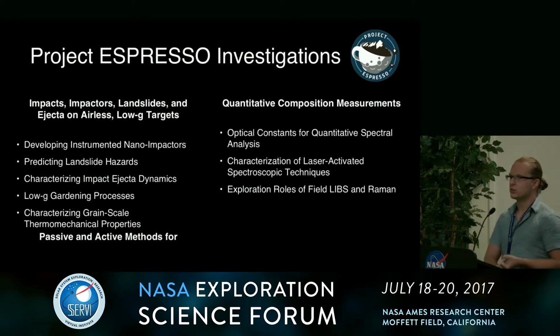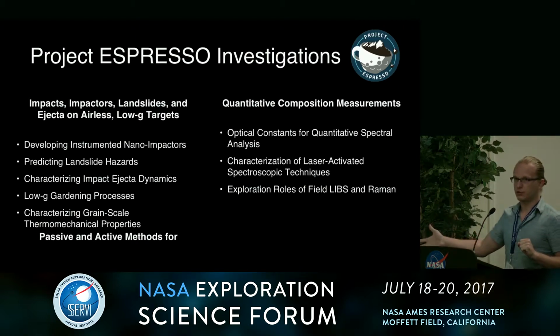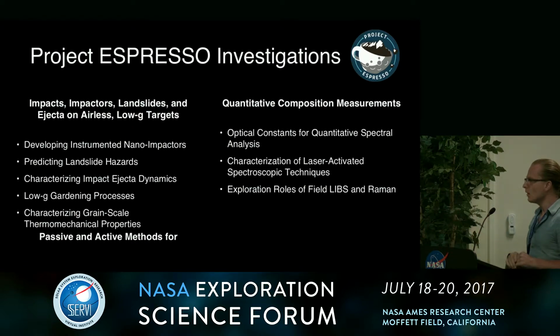However, you need to know what selection effects are at play in terms of what dust is getting to your instrument. And there's a big gap there in terms of saying, I'm collecting this dust in orbit and something is launching it from the surface, but what processes launch it from the surface to get it to my spacecraft are poorly understood. So there's things that we can do to try to understand energetic partitioning in ejecta grains.